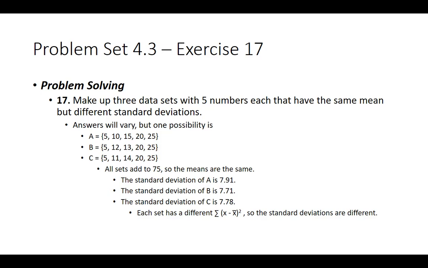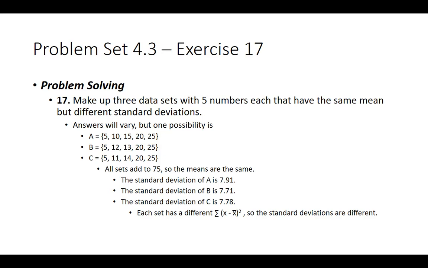So I, again, am using 5, 10, 15, 20, 25 as my first set. That means that since that one adds up to 75, all of them need to add up to 75 so that the means are the same.